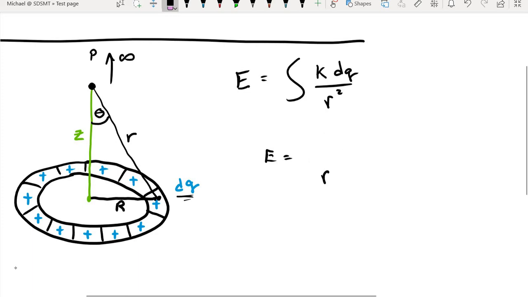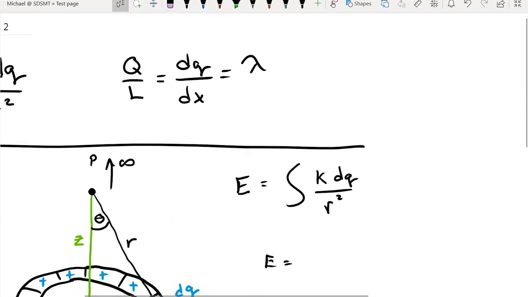And to do that, I need to be able to describe how this charge has been distributed in the system. And right now there's nothing in this expression that tells us that. There's nothing in this expression that tells us that this charge has been spread out over the surface of a very thin ring.